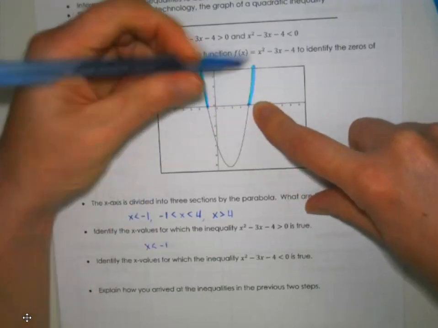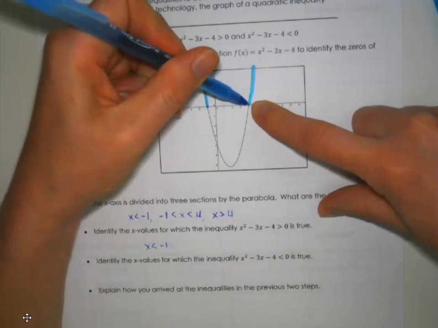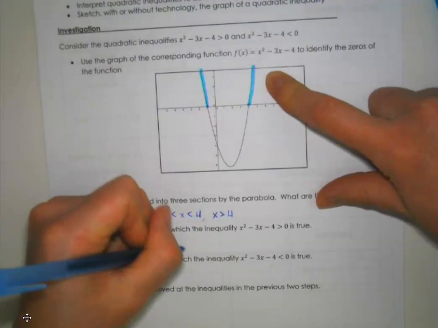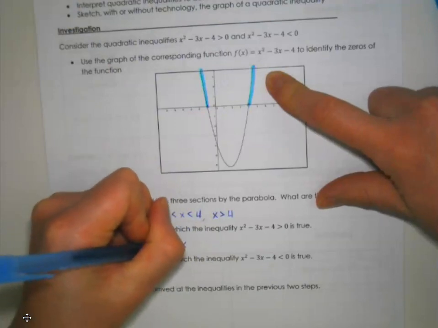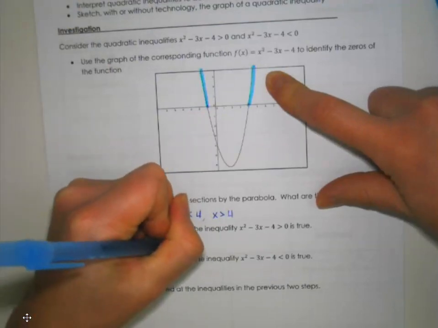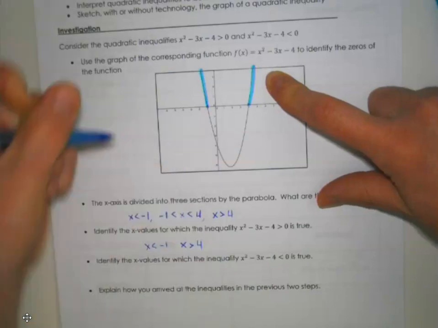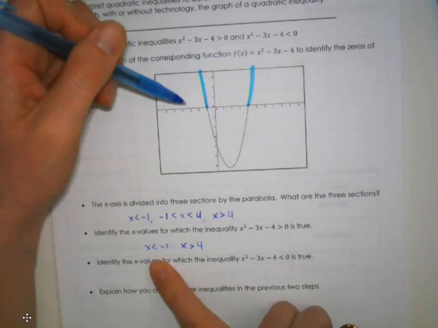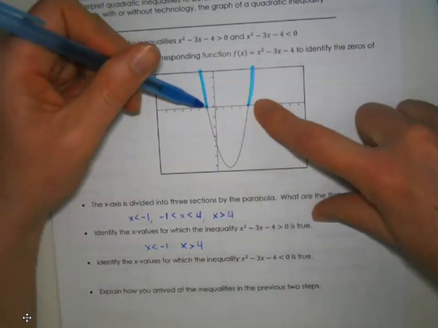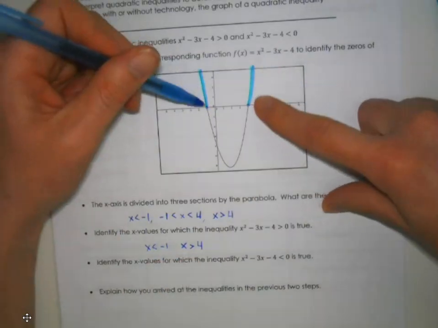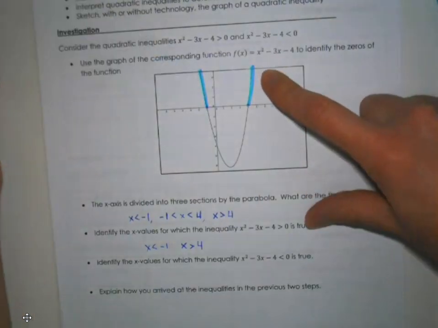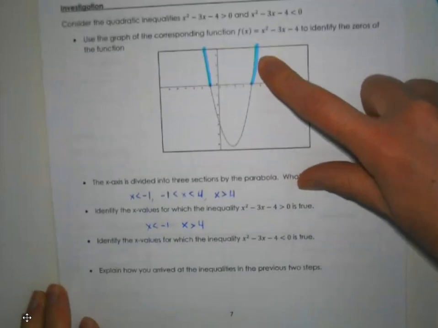Or we skip over to the other side, x being at 4 or greater. Although in this case we're not working with equal to, so we're just going to say when x is greater than 4, this parabola is above the x-axis. So we have 2 sets of values for x that will give us values for the parabola that are above the x-axis, or where the y values are greater than 0.